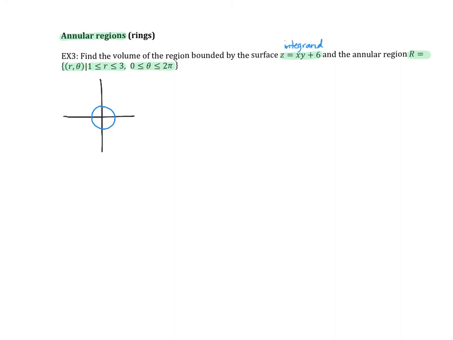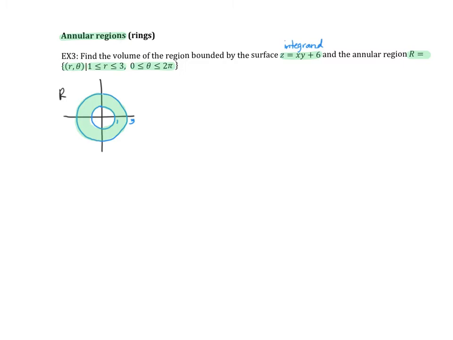The outer r value is 3, so that would be a circle of radius 3. Which means the region that we're integrating over is just going to be this shaded region between these two circles. Okay, so that's what we call an annular region.